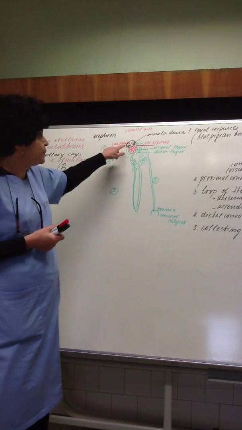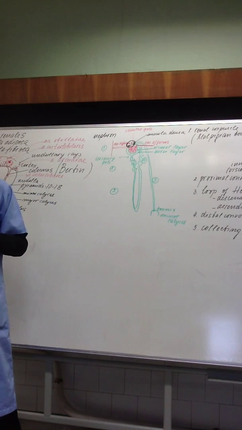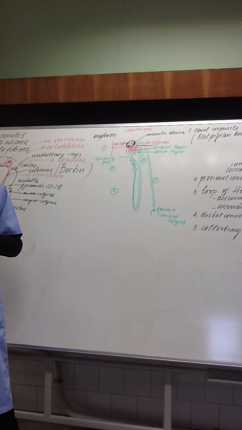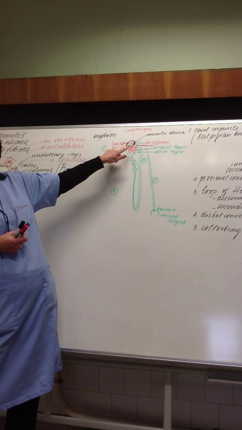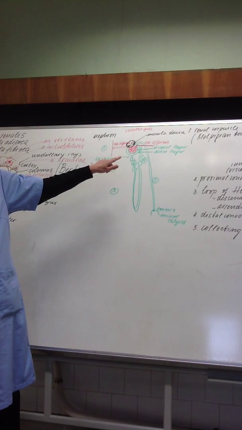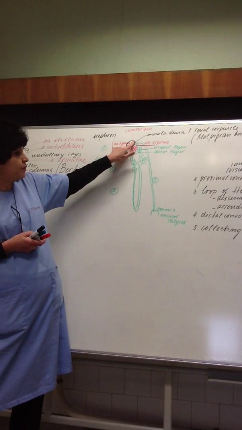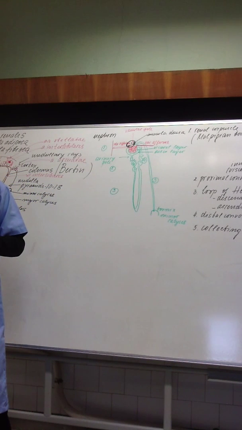And the other cells produce erythropoietin. In these cells are produced renin and erythropoietin. Macula densa cells, no. Erythropoietin and renin are produced by the cells of the vas afferens, juxtaglomerular cells. The cells of macula densa are chemoreceptors.